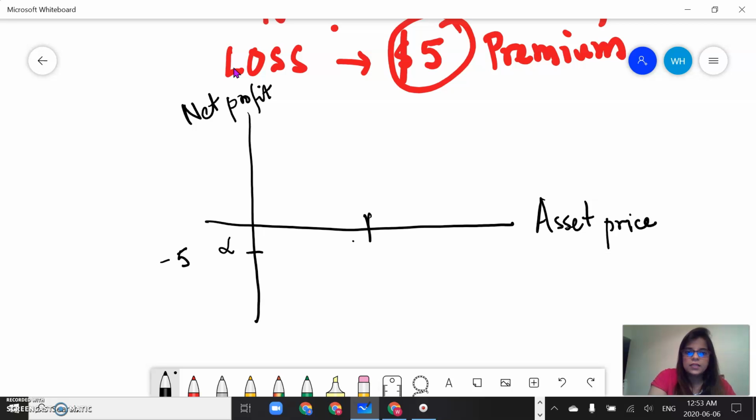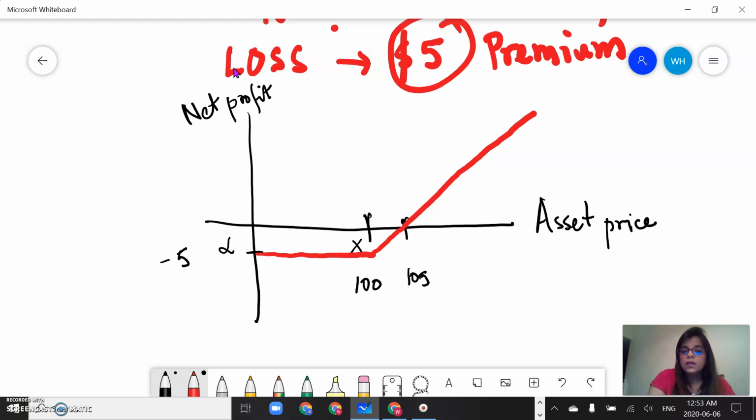So if X is the exercise price of $100, if the price of the asset or the stock is 105, A can then break even. If the price of the stock goes above 105, A will choose to exercise the option, and then his profit goes on increasing. So at 105, A breaks even.